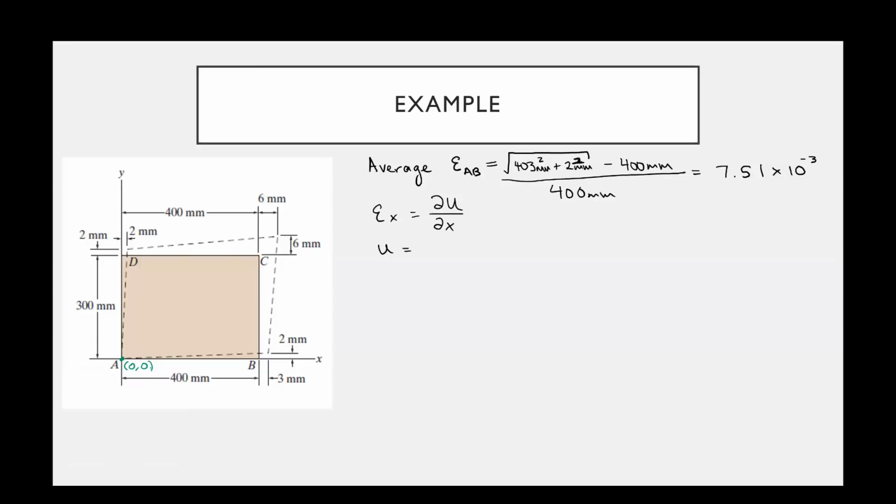And at that point, there's no movement in the X direction, so no horizontal movement, which means we don't have any constant terms in this equation.